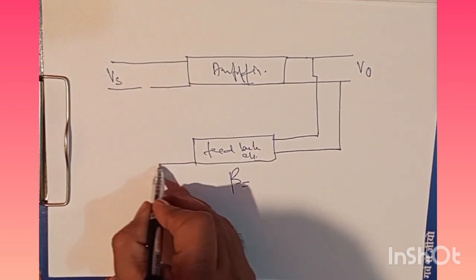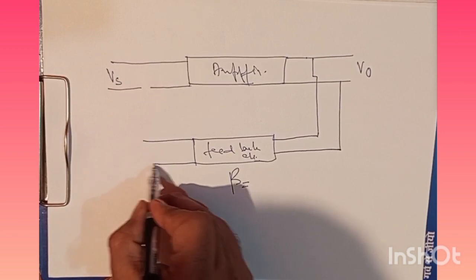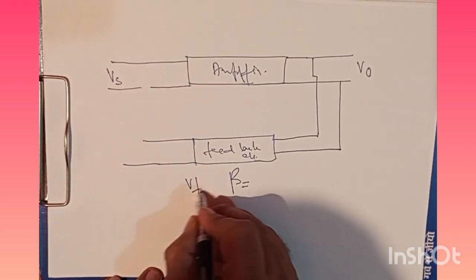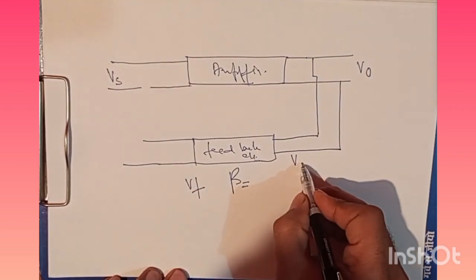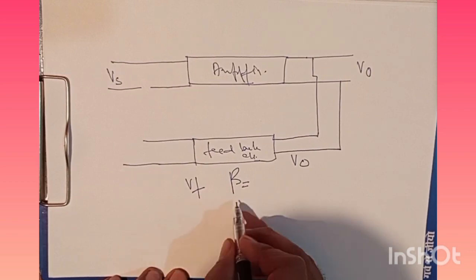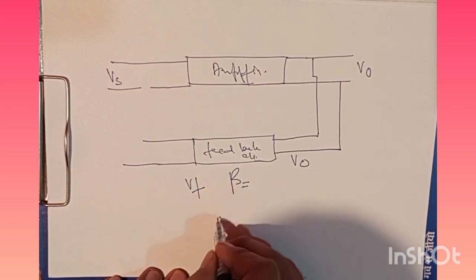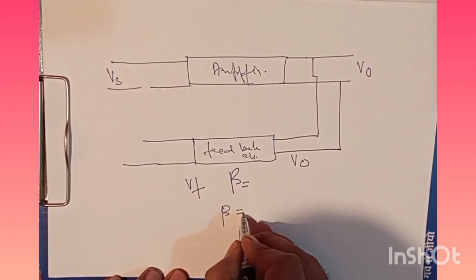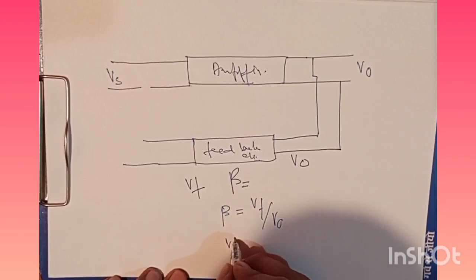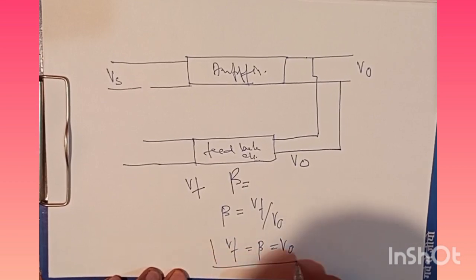Here we have an output, and that output is Vf. And certainly the input for the feedback circuit is Vo. So the feedback ratio must be Vf by V out, so Vf must be beta times V out.